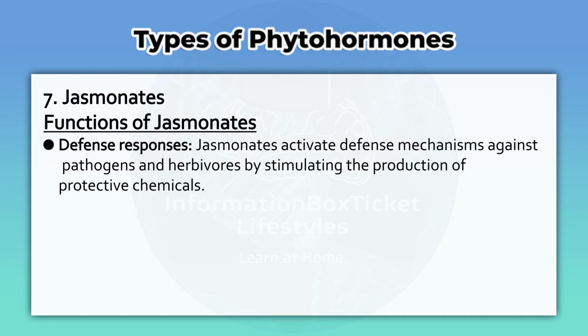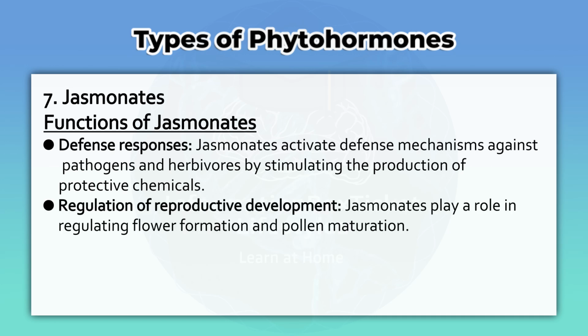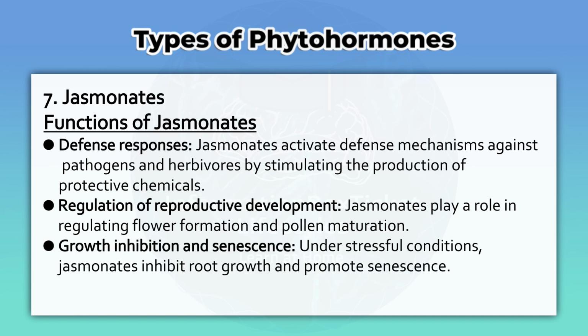Jasmonates activate defense mechanisms against pathogens and herbivores by stimulating the production of protective chemicals. Regulation of reproductive development. Jasmonates play a role in regulating flower formation and pollen maturation. Growth inhibition and senescence. Under stressful conditions, jasmonates inhibit root growth and promote senescence.